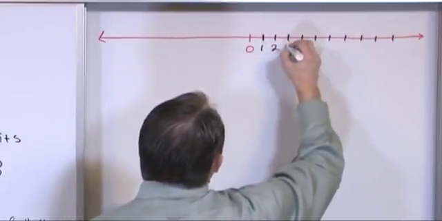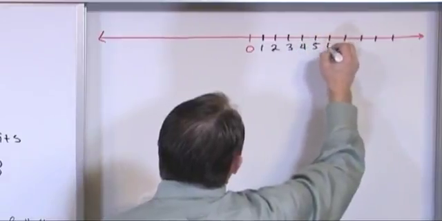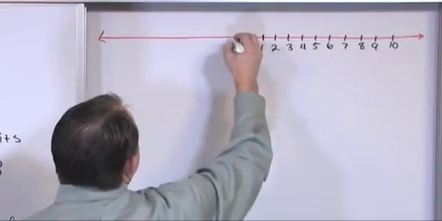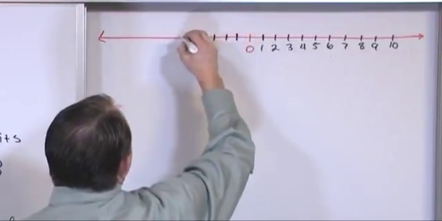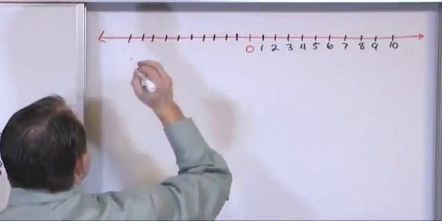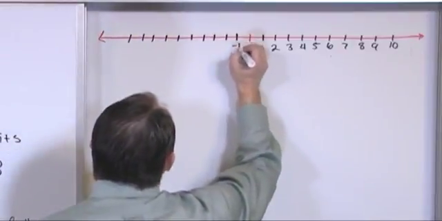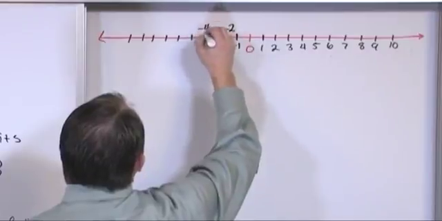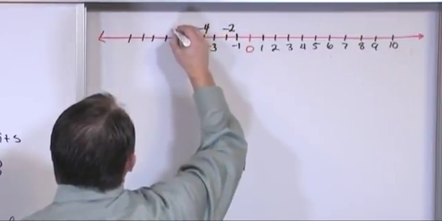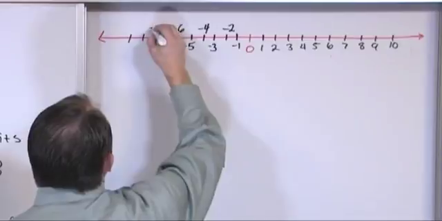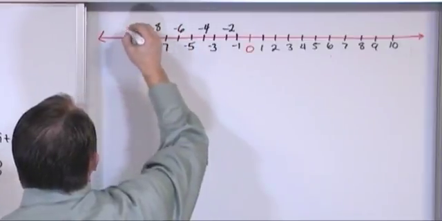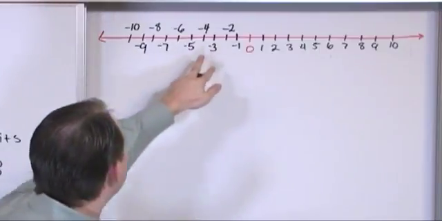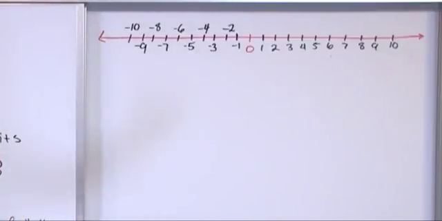And over here I'm going to have negative 1, negative 2, negative 3, negative 4, negative 5, negative 6, negative 7, negative 8, negative 9, negative 10. The only reason I wrote it like that is because if you write them all together, it gets cluttered. But it's the same thing that we've done before.